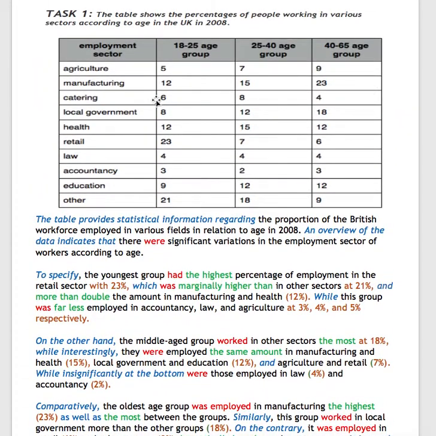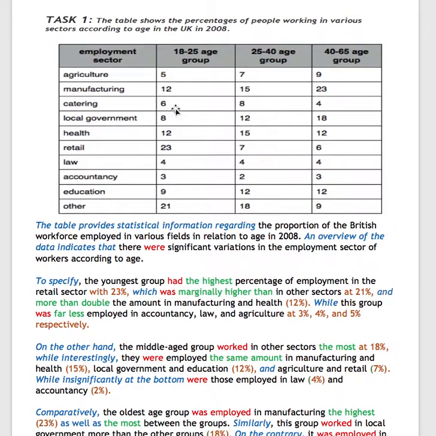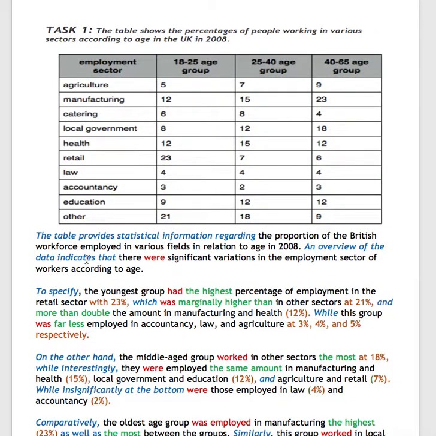So each sector doesn't seem to have an equal amount, or each age group doesn't work an equal percentage in each sector. Doesn't say percentages. Well, it says percentages at the top.